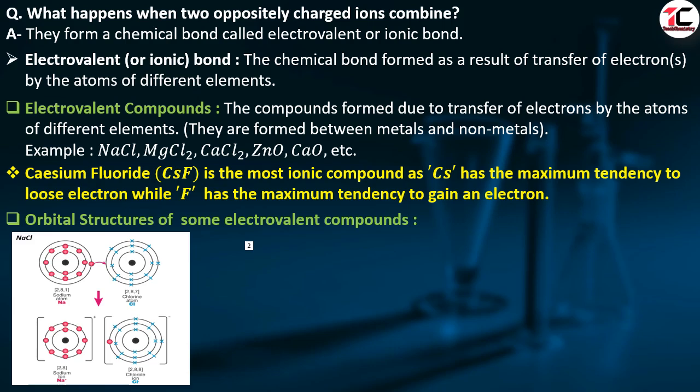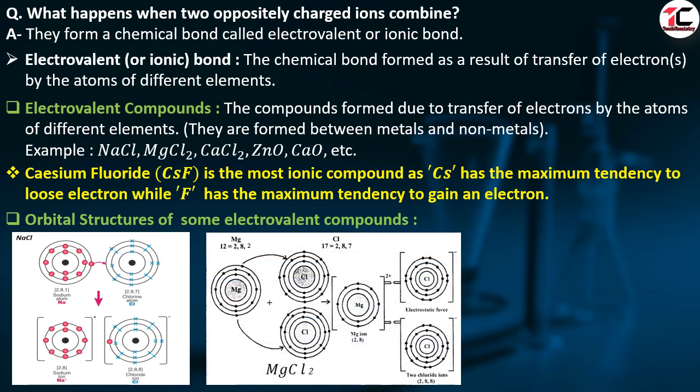Sodium has to lose the electron, and chlorine has to gain one electron. So sodium will lose one electron to chlorine and chlorine will gain the electron. So sodium will form the sodium ion and chlorine will turn into chloride ion. When the two oppositely charged ions combine, they form the ionic compound, sodium chloride.